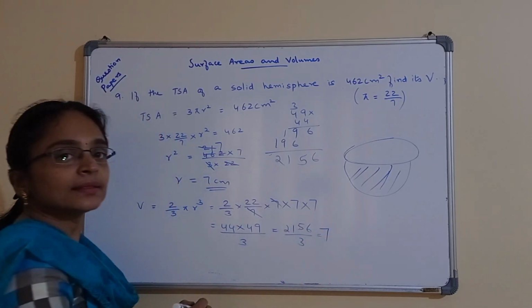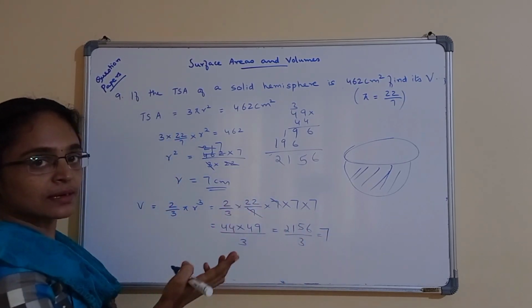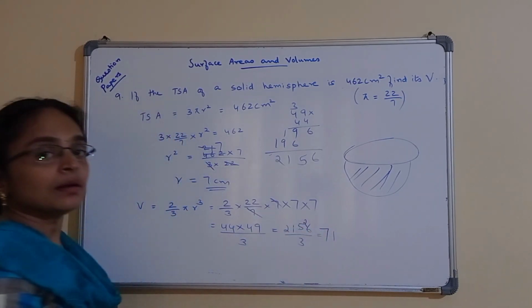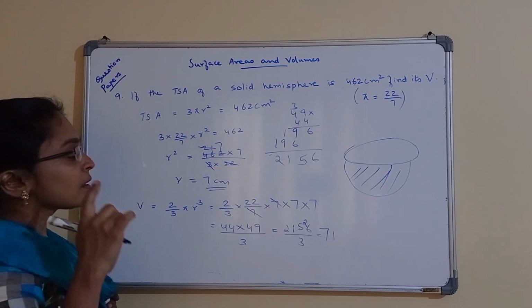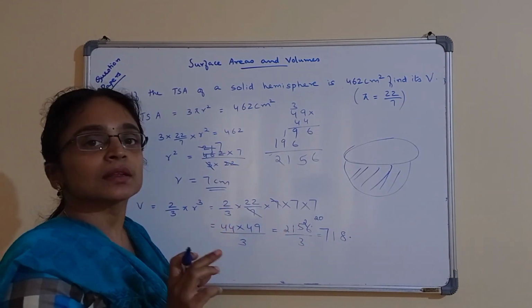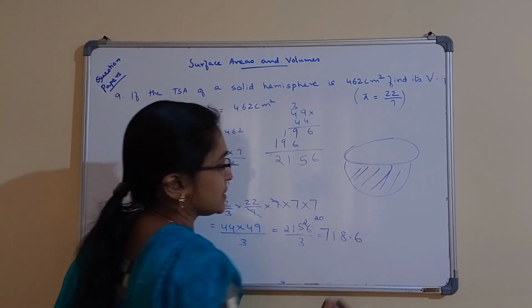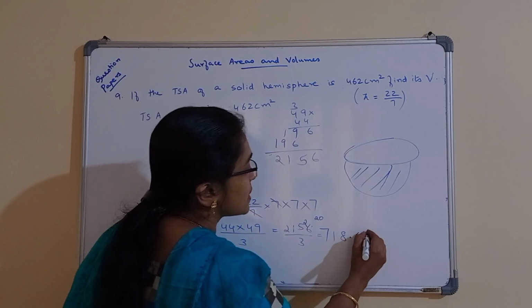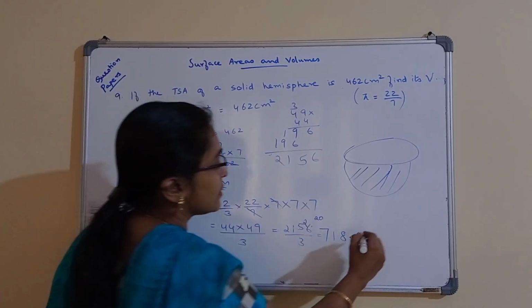Then 5 by 3 is 1, 2 remainder. 26 by 3. 3 into 8 is 24. So 20 by 3. 6 3s are 18. Then 2 remainder again. Now 20 by 3, 6, 2 remainder, again 6.